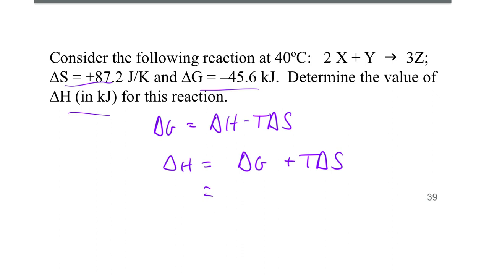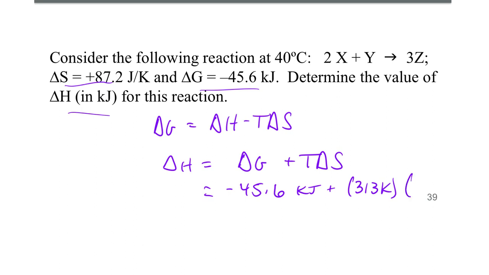So we're going to have our delta G of minus 45.6 kilojoules. We need our temperature in Kelvin. So that's 313 Kelvin.